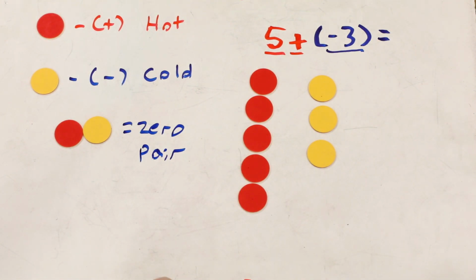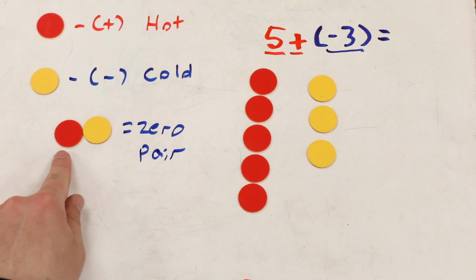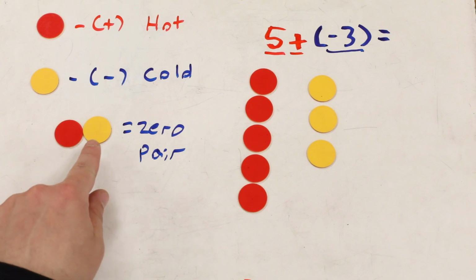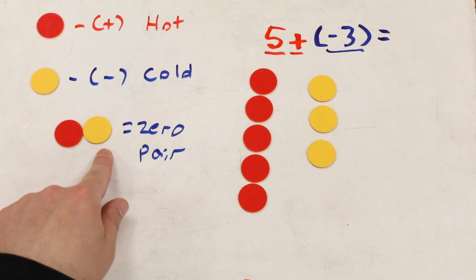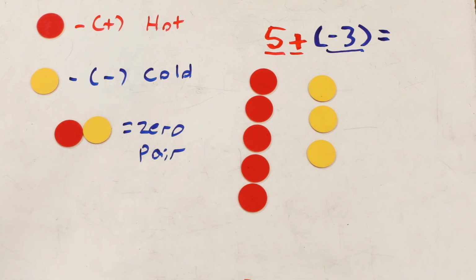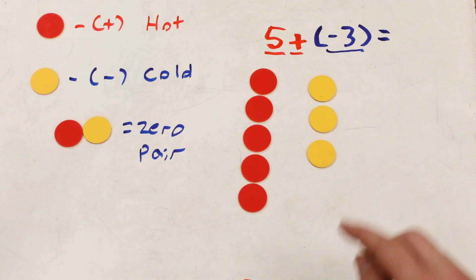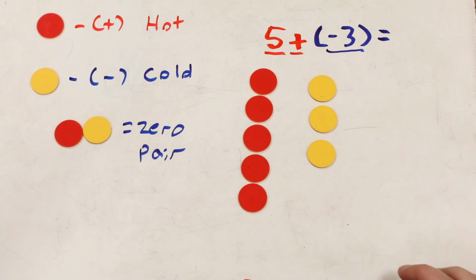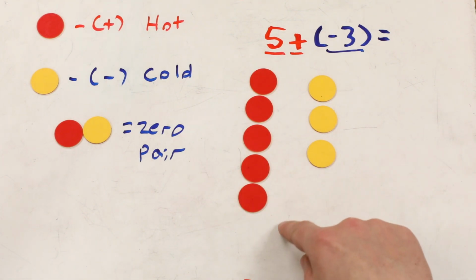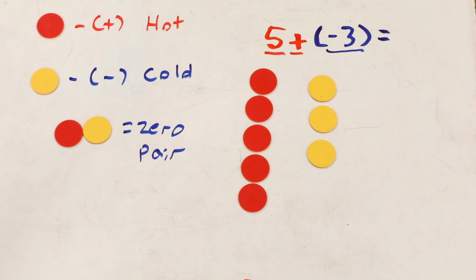And a zero pair has no value. So its value is 0. So whenever we have a positive or a hot and a negative or a cold, they form a zero pair which has no value or 0 value. So we can see in our question here that we have 5 hots and we have 3 colds.